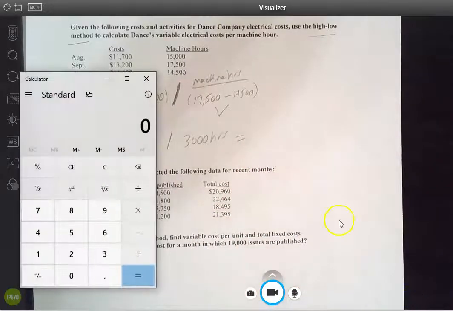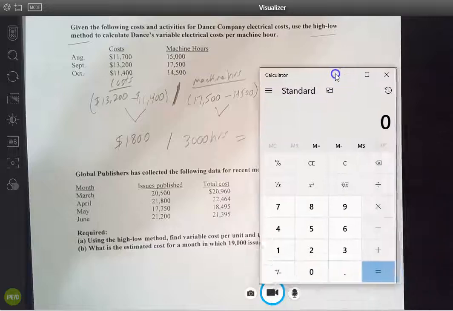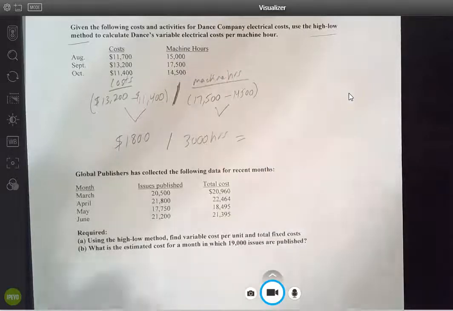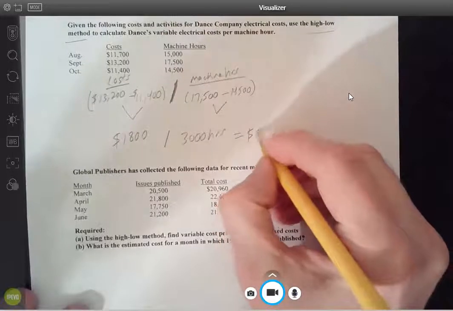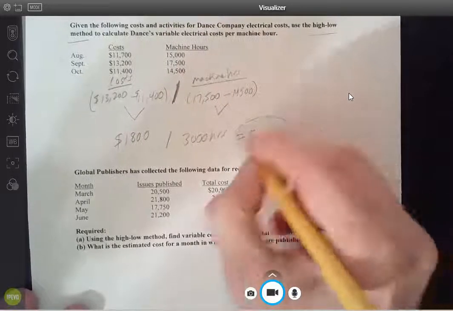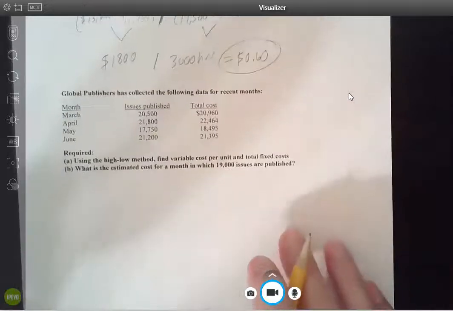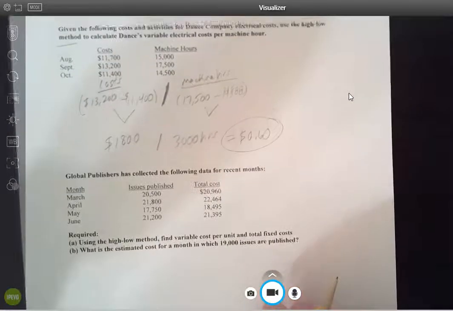So let's just take a look, make sure we get this correct. 1,800 divided by 3,000 equals 60 cents. 60 cents is our answer. All right. So that one is kind of a basic question.